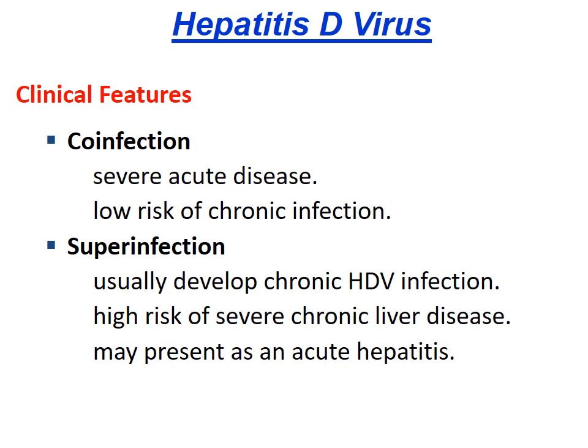This is a high risk of severe chronic liver disease. It may present as an acute hepatitis. Actually, it is an infection of the hepatitis D virus which occurs a long period after an infection of the hepatitis B virus. It will cause superinfection along with the hepatitis B virus.